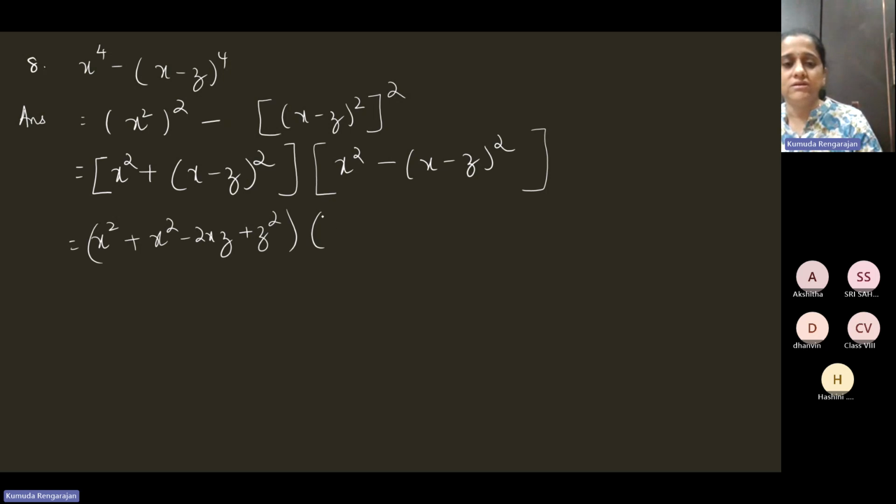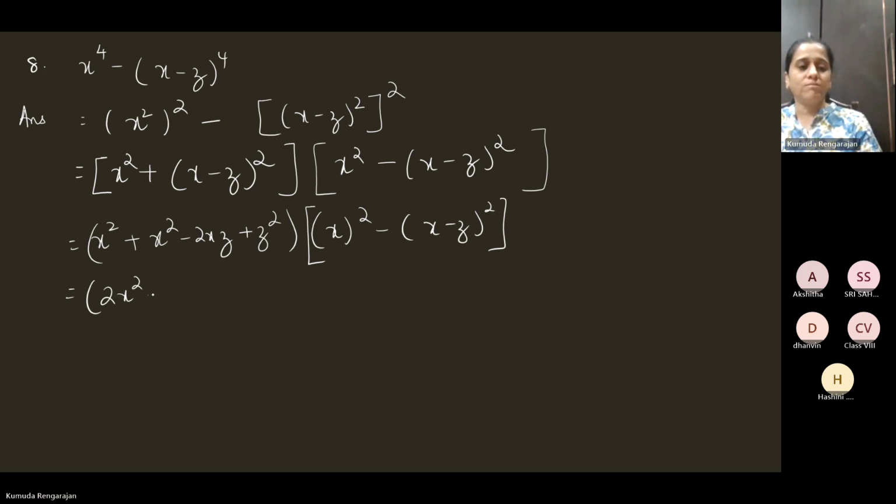And here, if you want, you can give one more step. It is like this: a the whole squared minus b the whole squared. What happens here? x squared and x squared is 2x squared minus 2xz plus z squared.